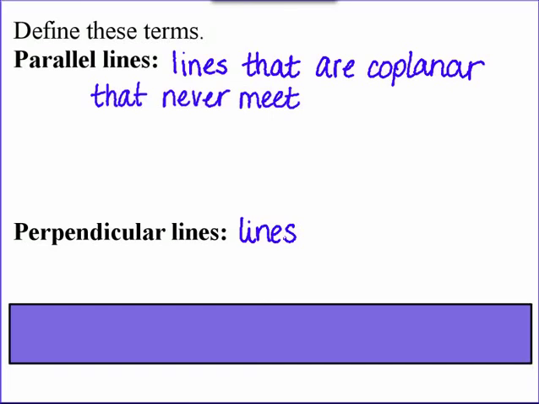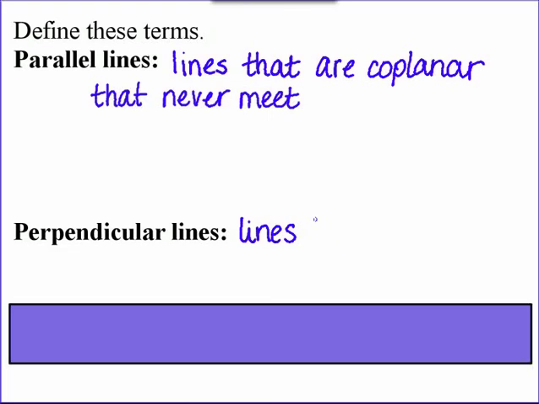What about perpendicular lines? What do they do? They intersect. Okay, so let's think about that. Let's imagine this part of the wall and one of those lines that's on the ceiling. Would those be perpendicular? That line headed straight up.